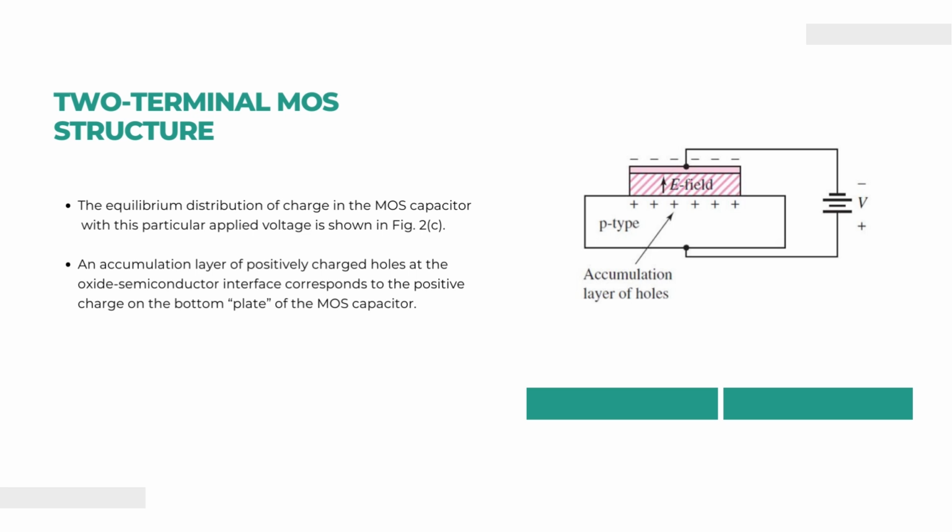Hence, the region formed here is called the accumulation region. The region of the extra holes or the positive charges accumulated beneath the oxide is known as the accumulation layer of the holes. An accumulation layer of positive charged holes at the oxide semiconductor interface corresponds to positive charge on the bottom plate of the MOS capacitor.